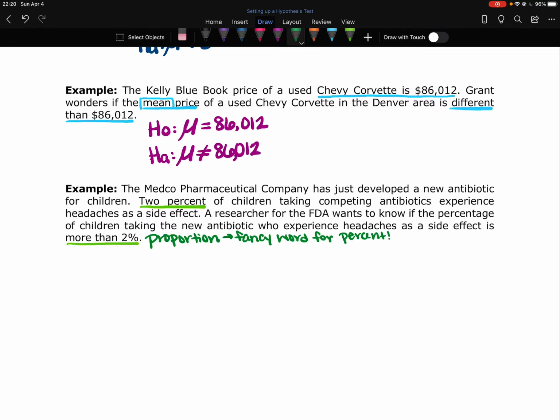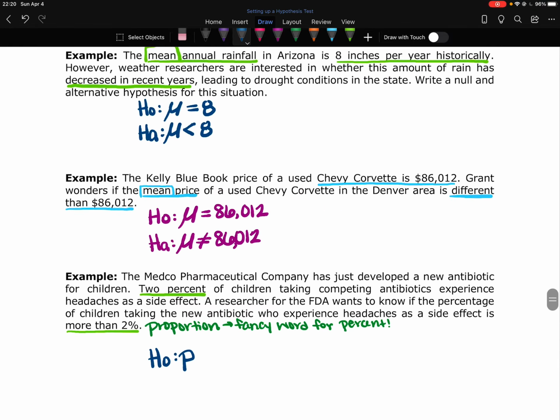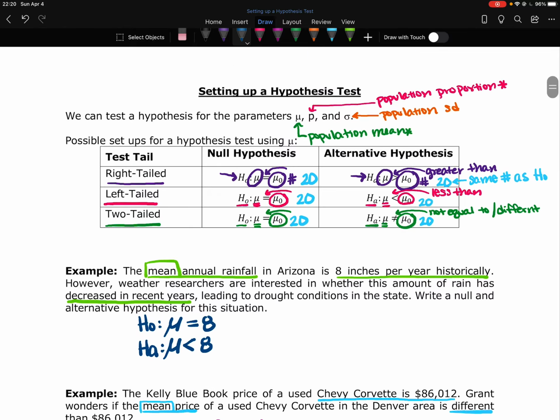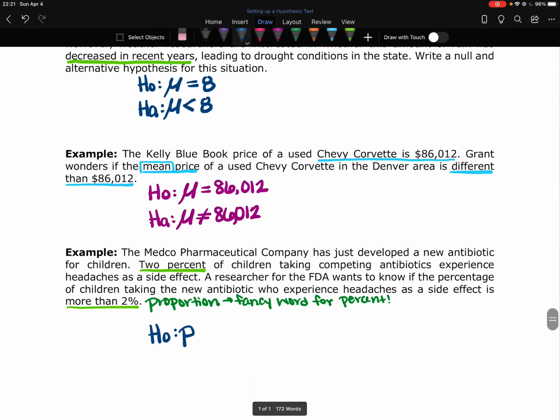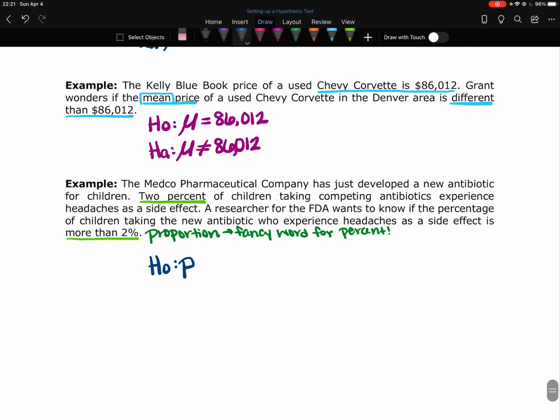So we're going to set up our null and our alternative hypotheses. So our null starts with our H0. The parameter that we're testing now is not mu, it is P, because if we come back up here, we're testing for the parameter, the population proportion is P. So I want to know, is the population proportion of children receiving headaches, well, on the other antibiotic, it's equal to 2%, and I'm going to write that as a decimal.